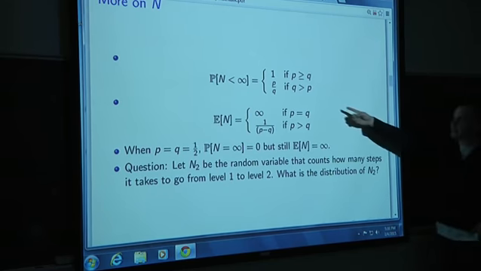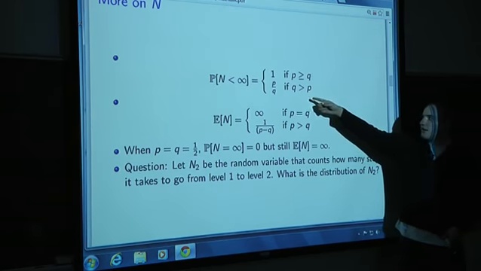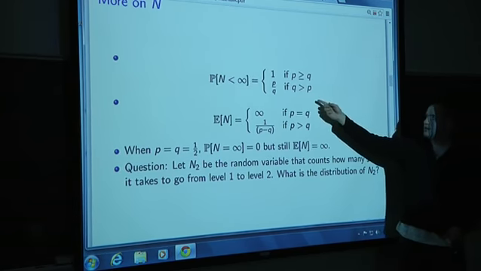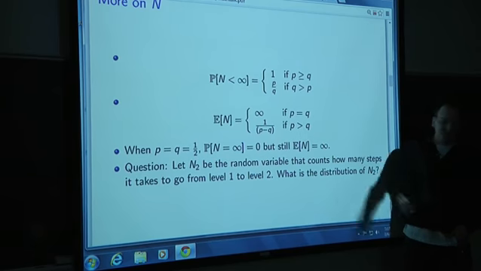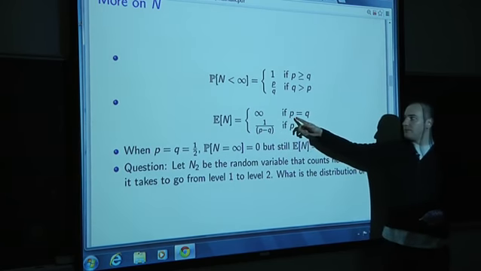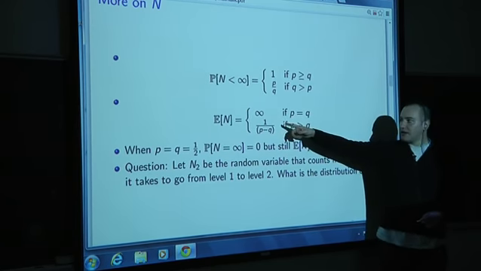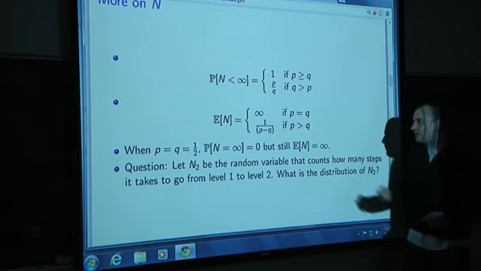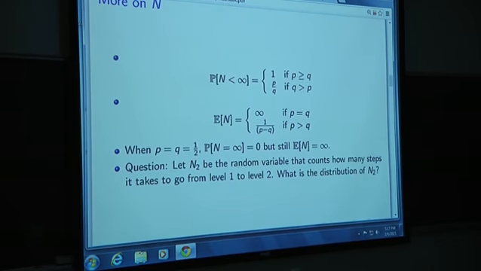In the case that Q is bigger than P, the probability of n being infinity is positive. Therefore, the expectation is infinite. But also in the balanced case, the expectation of reaching the first level is infinity. It's already a kind of striking result.